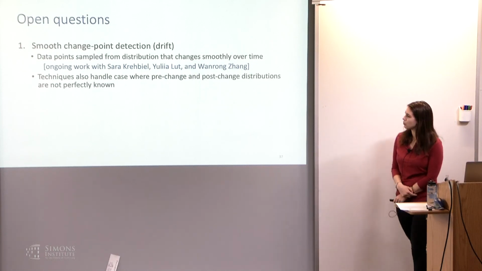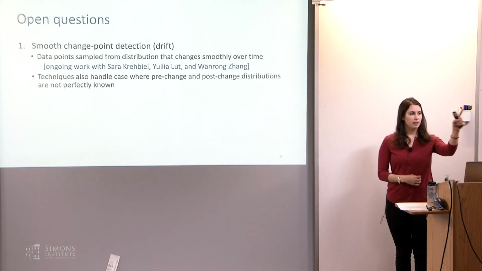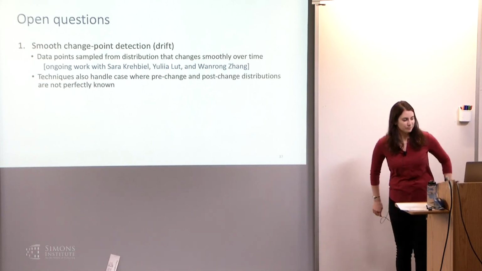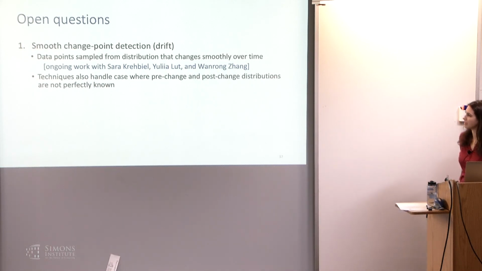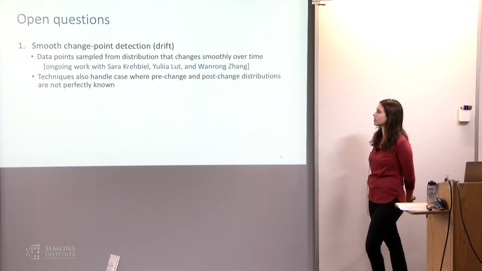And so this is joint work with my two grad students, Yulia and Wenrong, and with Farah Krabel. And we started out trying to relax the assumption of one dramatic change point. And we actually thought about drift.